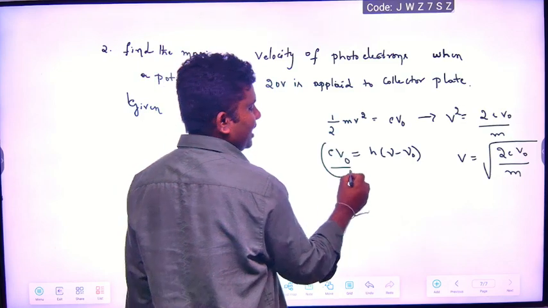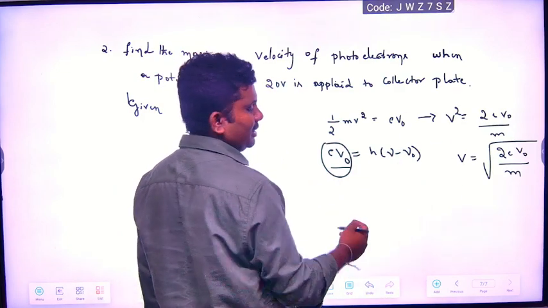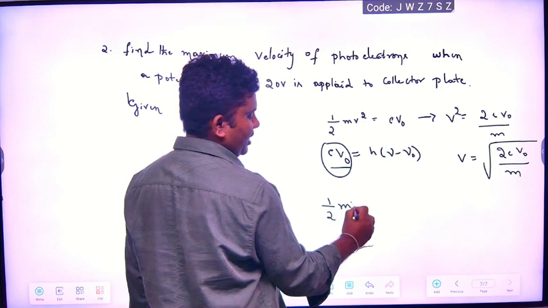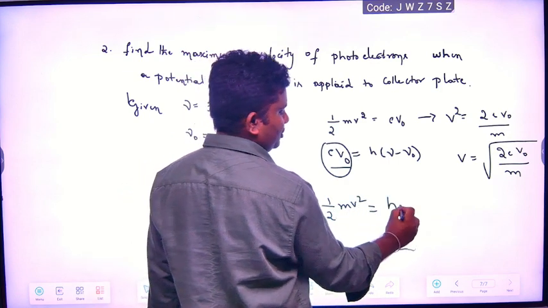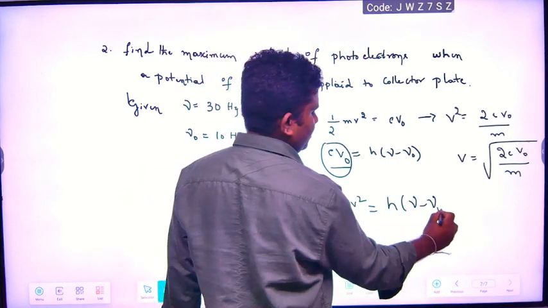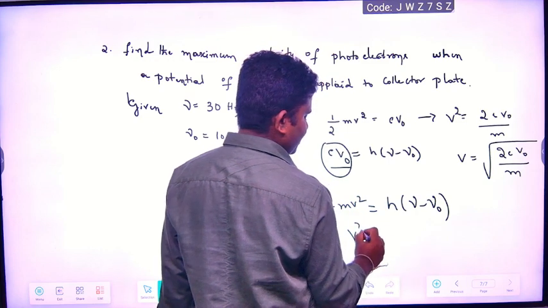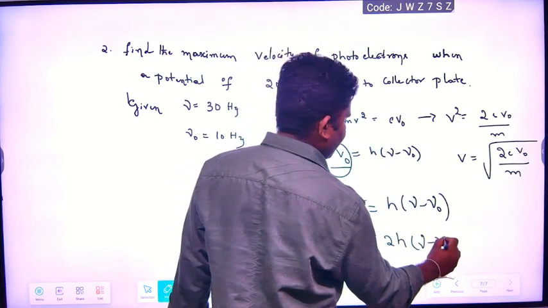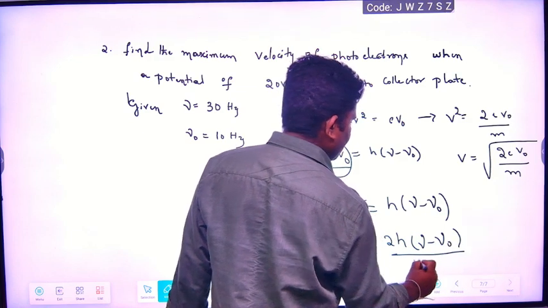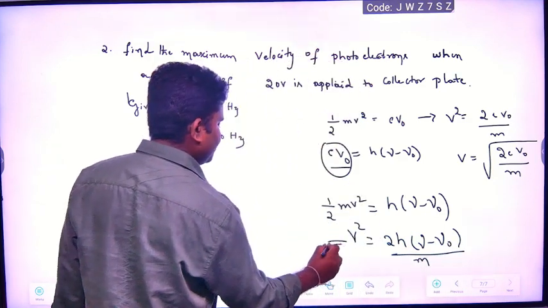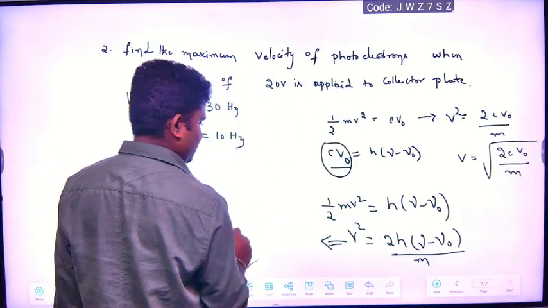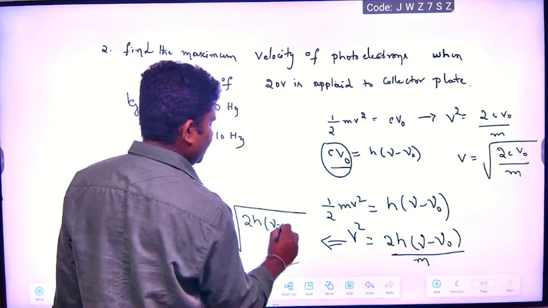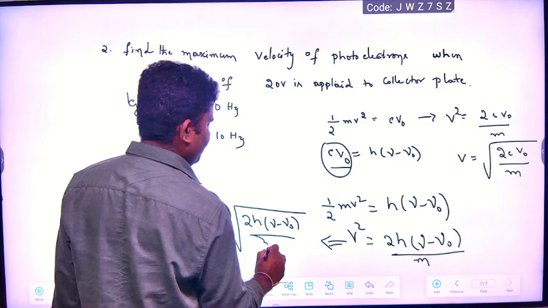Sir, it is difficult, sir. I want another formula. Half m v square is equal to h into nu minus nu naught. Now v square is equal to 2h into nu minus nu naught divided by m, and v is equal to under root 2h into nu minus nu naught divided by m.